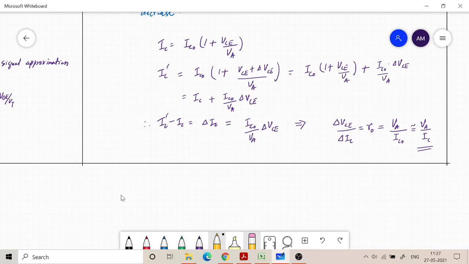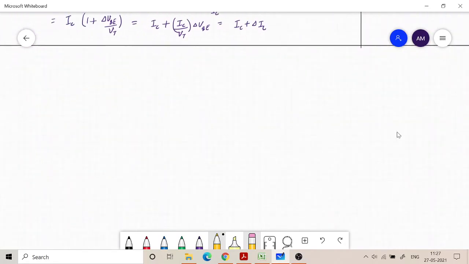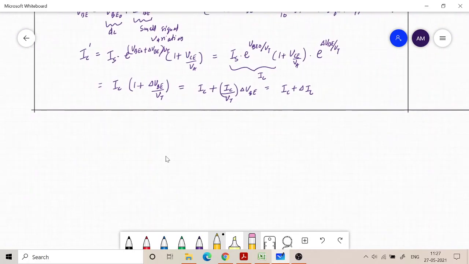Now these three quantities correspond to small signal variation. So let me write it here. Now I am coming into the small signal model for the NPN transistor.